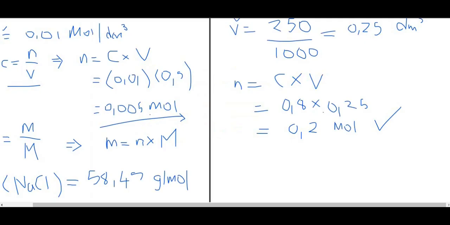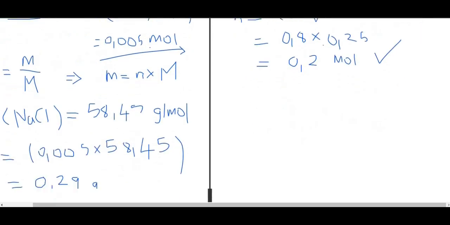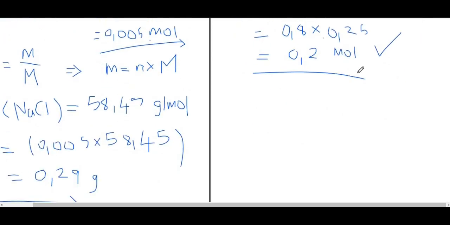Now we need to find the mass of sulfuric acid that was dissolved in whatever respective volume. Again, you'll say I have the number of moles. I just need to find the molar mass of H2SO4, which is sulfuric acid. And again, if you don't know how to do that, please watch the first video I did on quantitative aspects of chemical change.